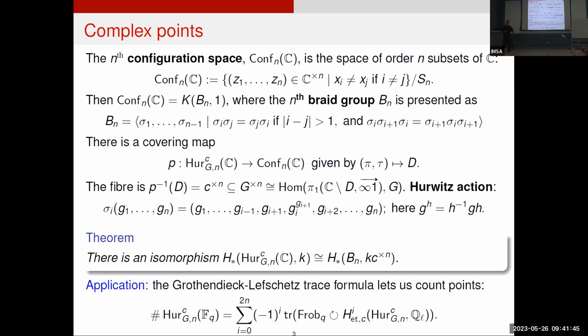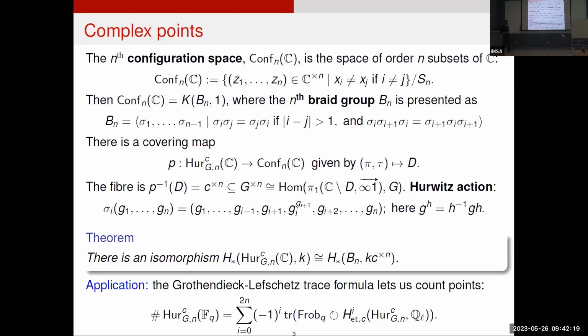So again, why do I care about the homology of these spaces? If I'm interested in these questions of Malle and Lenstra and so forth, if I want to count points on the Hurwitz space, I can do so by using the Grothendieck-Lefschetz trace formula, which asks me to compute the cohomology of the Hurwitz spaces as well, the compactly supported étale cohomology, but for the purposes of this talk, you're welcome to consider that as being the same as the singular cohomology.